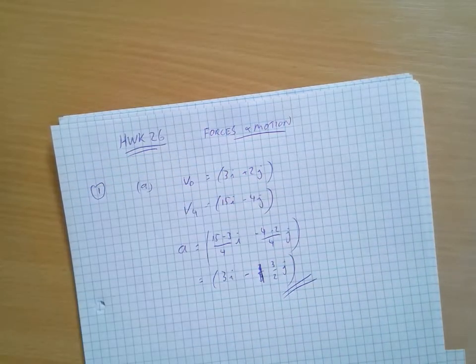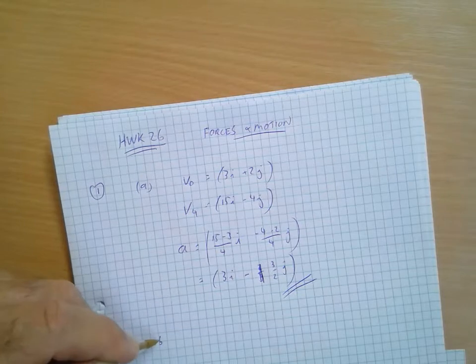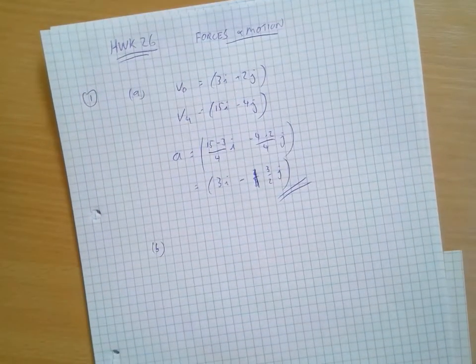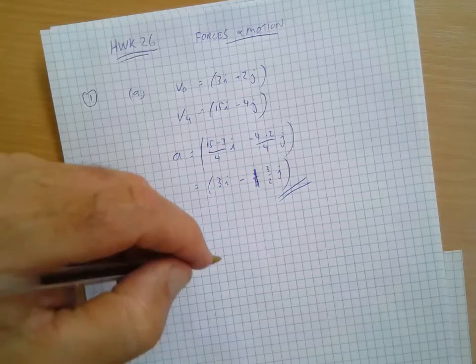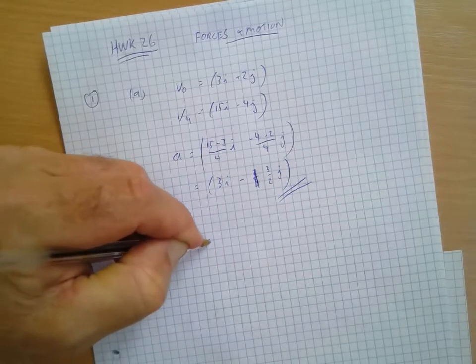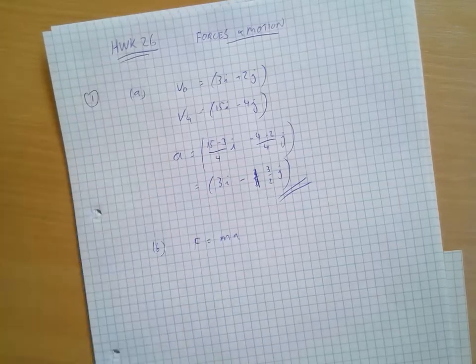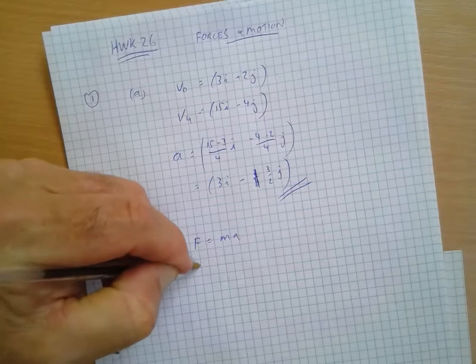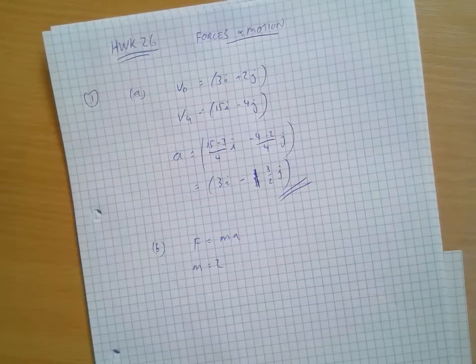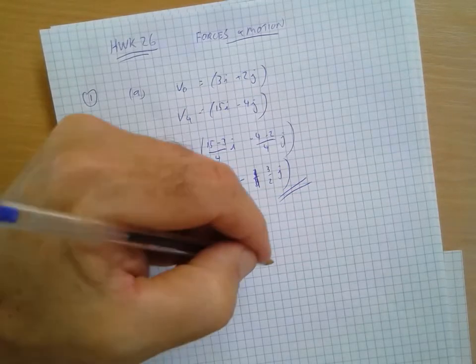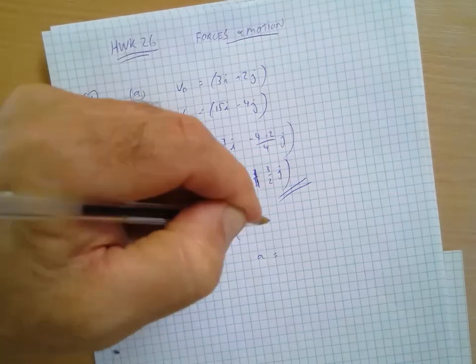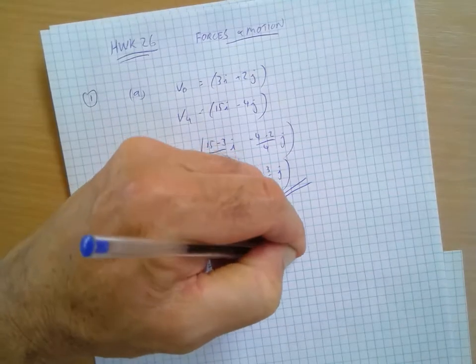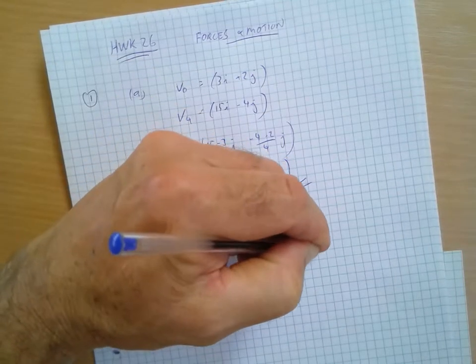Okay, for part B, we're being asked to find the magnitude of the force, and for that we're going to use the equation F equals ma. Now we want to find out force. We know the mass, m equals 2, and we know acceleration because we've just worked that out, 3i minus 3 over 2j.